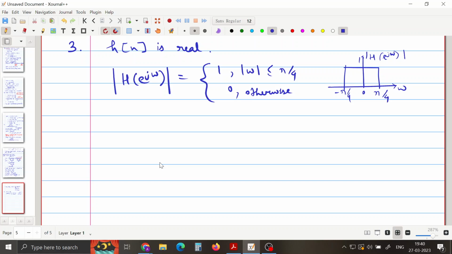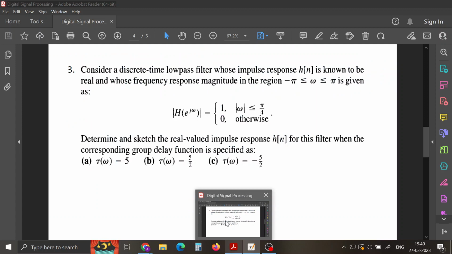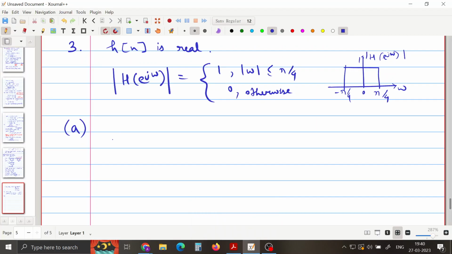Okay. So first part, and in first part you see the group delay tau of omega equals 5. Group delay tau of omega is 5. Now, we are being provided with the information about the magnitude response.